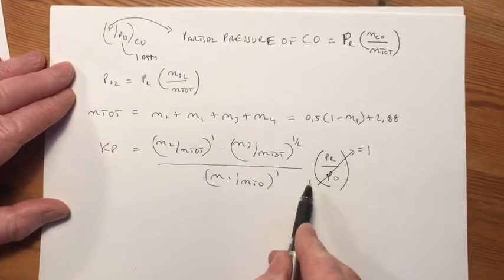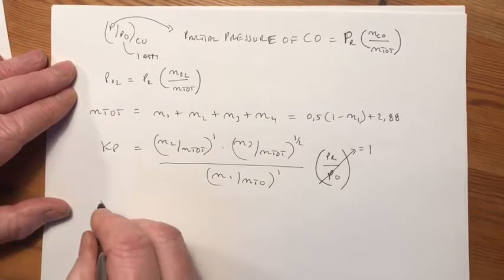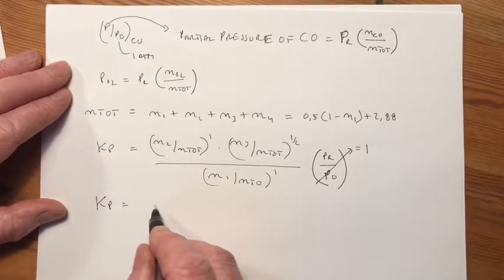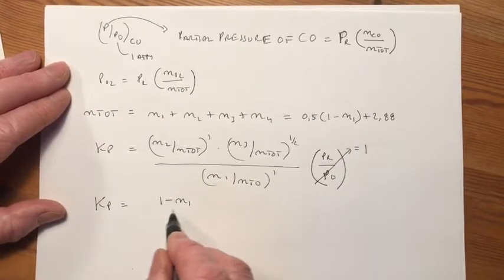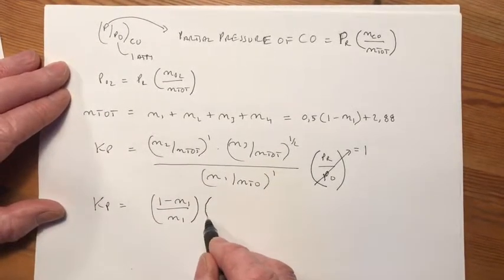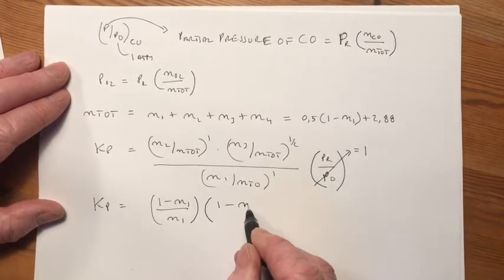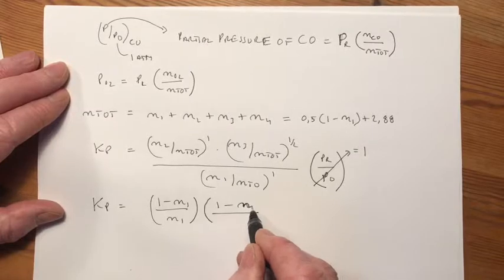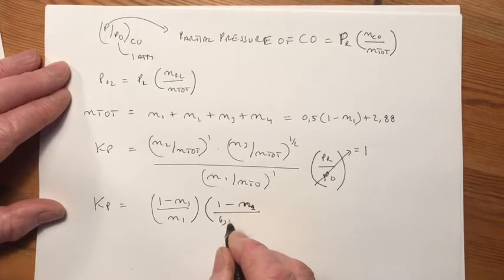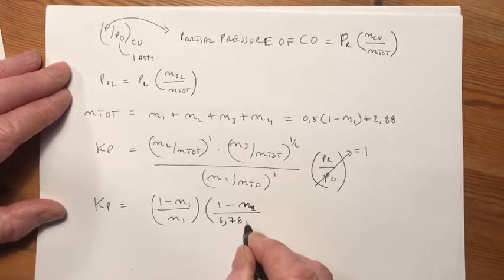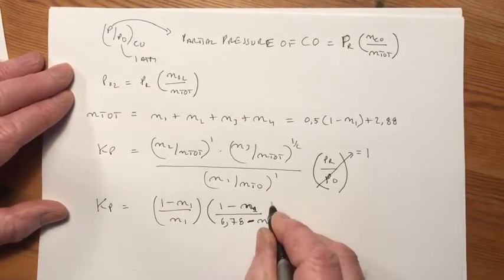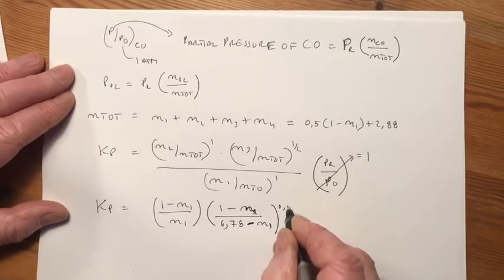If we plug all this in together, after a little bit of work you will find that this is equal to (1 minus N1) divided by N1, times (1 minus N1) divided by (6.78 minus N1), raised to 0.5.